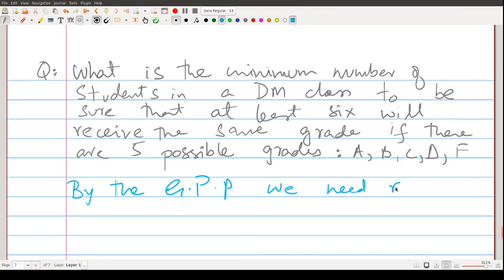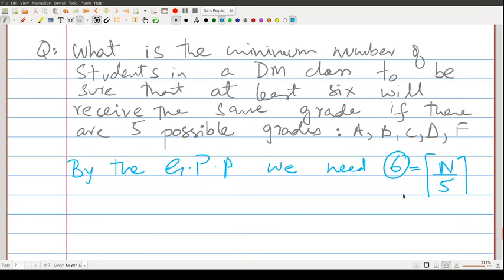And so we need 6 to be equal to the ceiling of n upon 5. I don't know how many students there are, but I know how many grades there are, and I know how many students I want to have the same grade, right? One of the ways to do this is n equals 5 times r plus 1 to solve this equation.